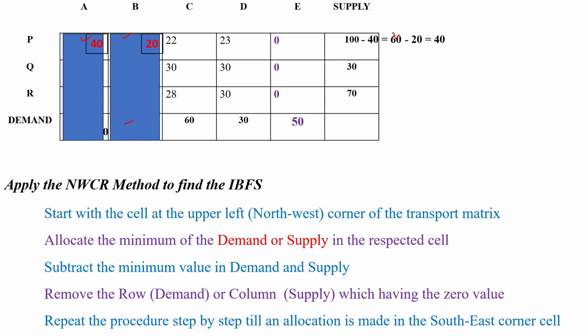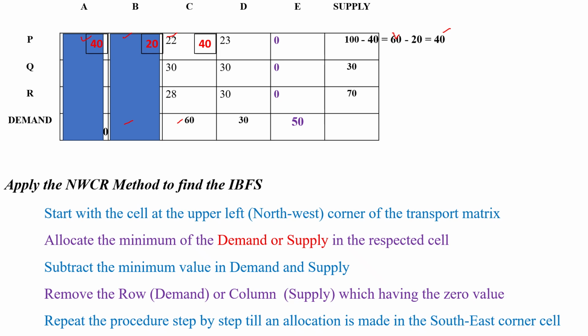Next, select the northwest corner of the transportation matrix. Here this is the northwest corner. Here we have to allocate the minimum of the demand and supply. Here demand is 60 and supply is 40. Among these two, minimum is 40.